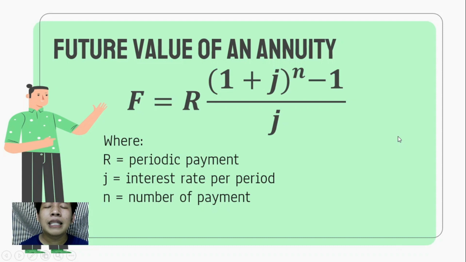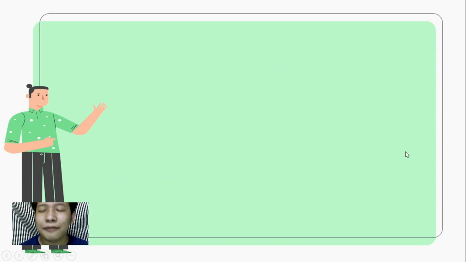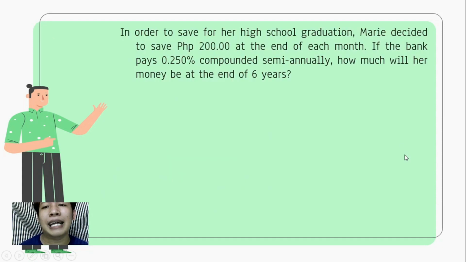But ano po ang gagawin nating kakaiba in solving the future value of a general annuity? Since magkaiba yung payment interval sa ating interest period, what we're going to do is to convert. So let us have this example para mas malinaw sa atin.